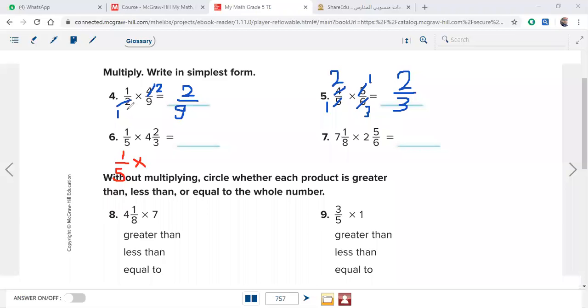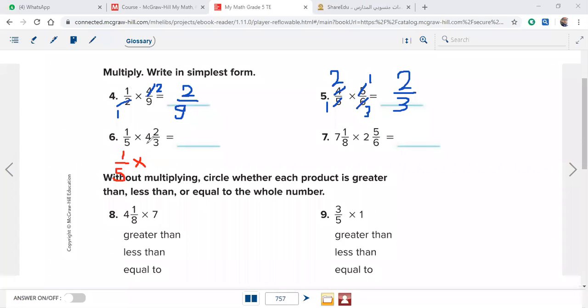Both of them are divisible by 2, because both of them are in table 2. So I can divide 2 by itself: 2 divided by 2 equals 1, and 4 divided by 2 equals 2. And then I have to multiply. 1 times by 2 equals 2. 1 times by 9 equals 9. Okay?